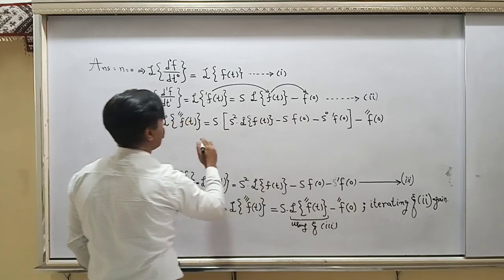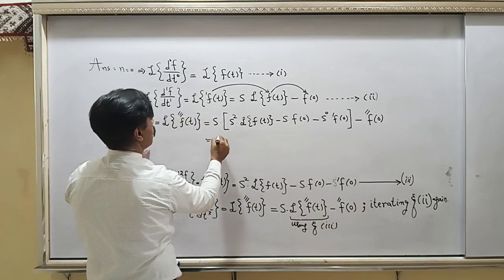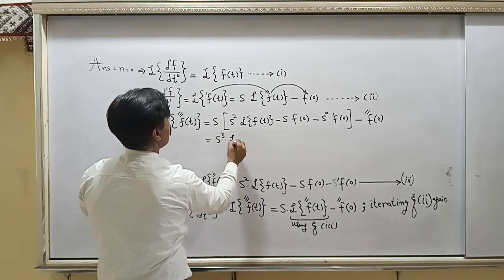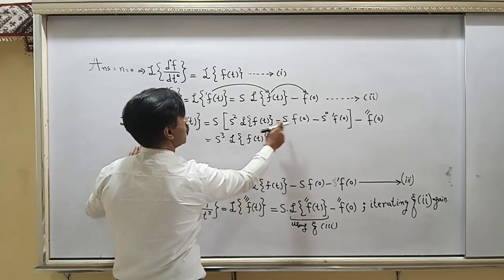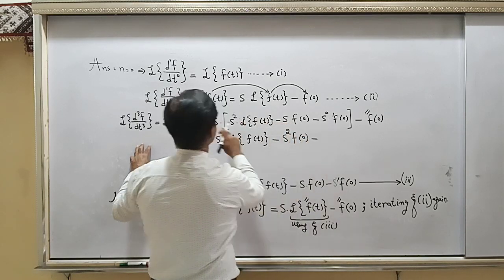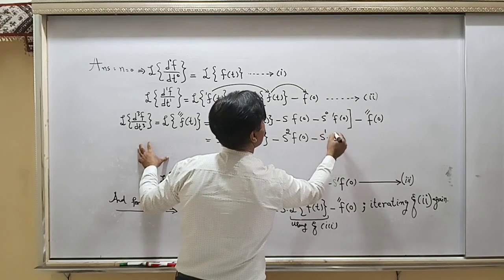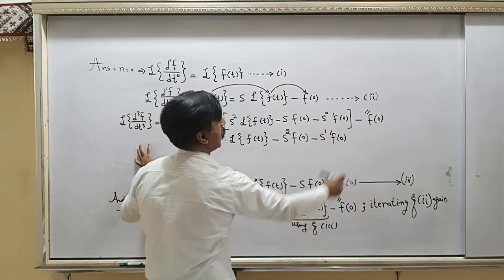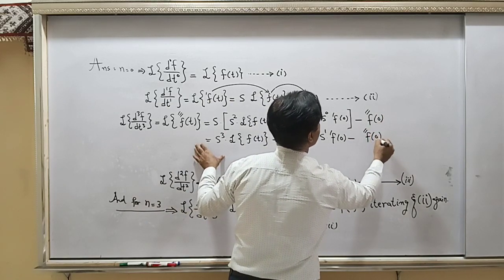Now expand this, meaning distribute this s over each term within the bracket. This is s cube L of f(t) minus s square f(0) minus s^1 into f prime 0, and this is minus f double prime 0.